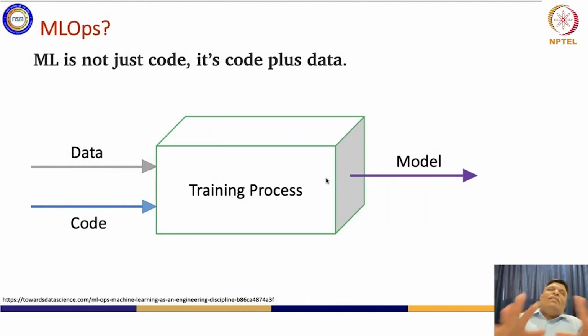But in a general software development, you generally work with code. So this is one of the very major differences between DevOps and how it has gone to the next level of MLOps.